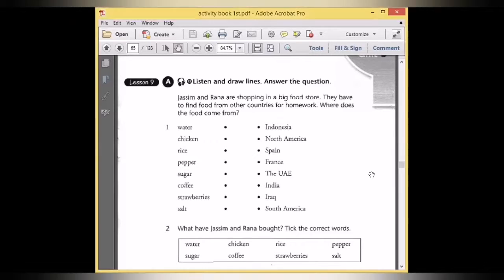Salt from France. There you are. No, put it back. We have salt at home. Oh. Now, what have we bought? Strawberries, chicken, rice, sugar, coffee. Do you have any money? No. Do you?